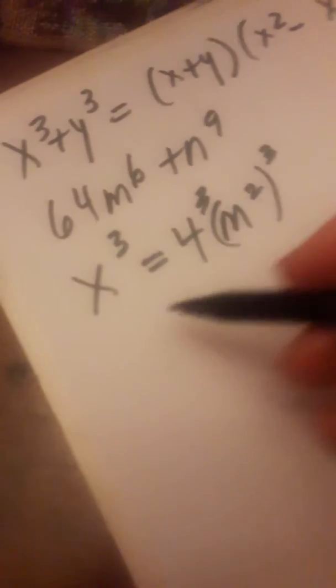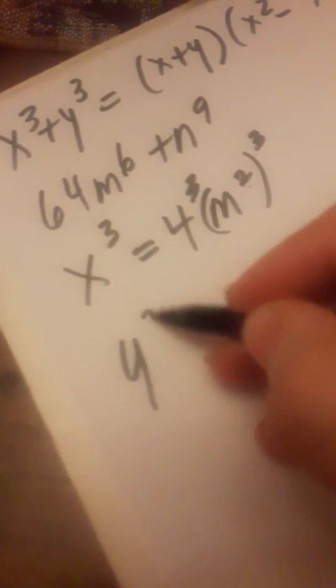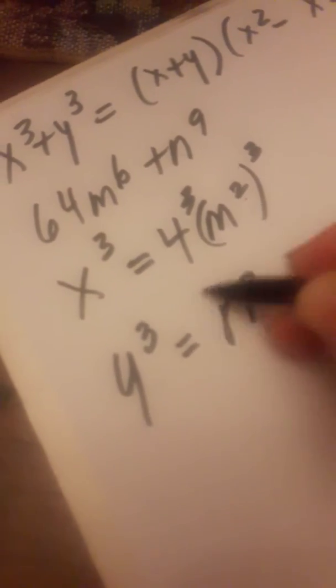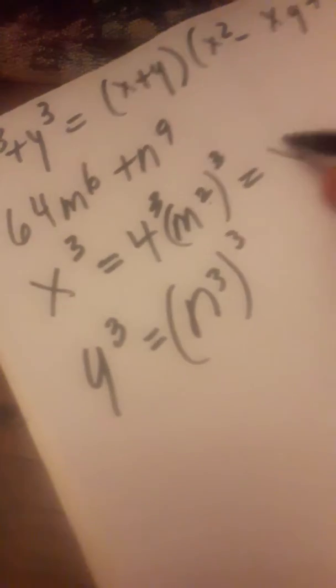Why? The rules of exponents tell me that if I multiply 3 times 2, it's going to be 6. And for the y to the third power, it is n to the third.